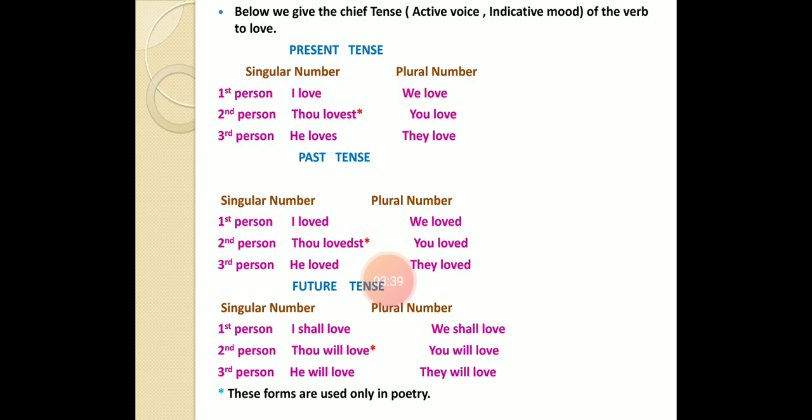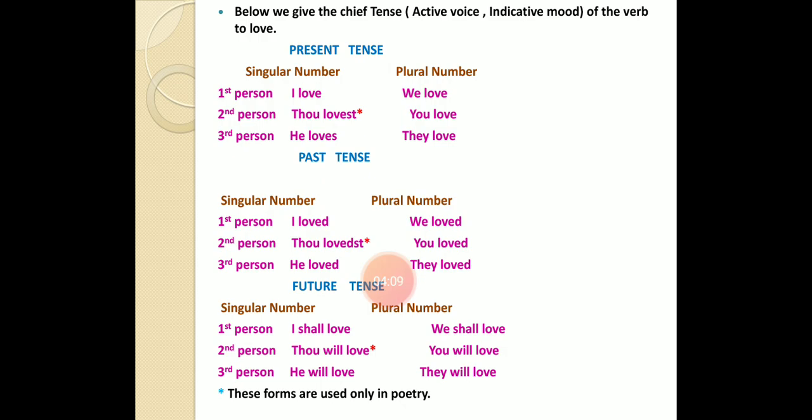Now see, in the present tense, singular number, plural number. What are the singular numbers? First person, second person, and third person. I, thou, he. I love, thou lovest, he loves. These are the singular number in present tense. In plural, I changes into we, thou into you, and he into they.